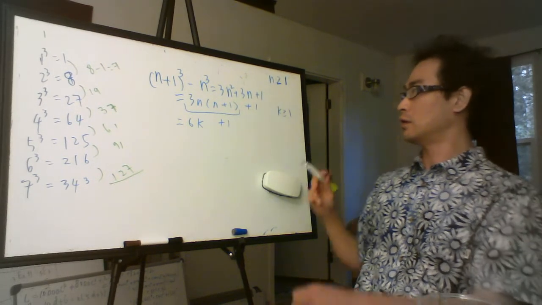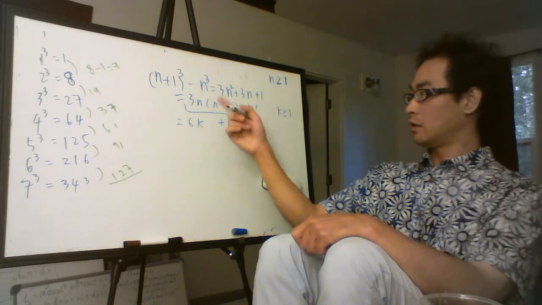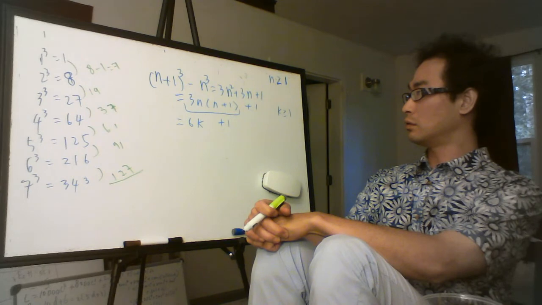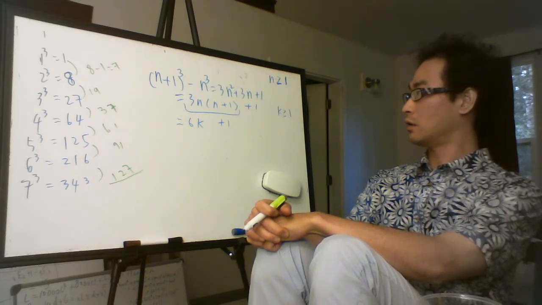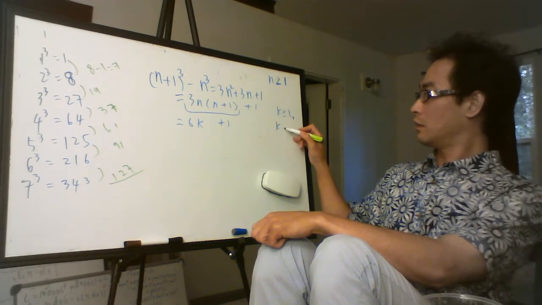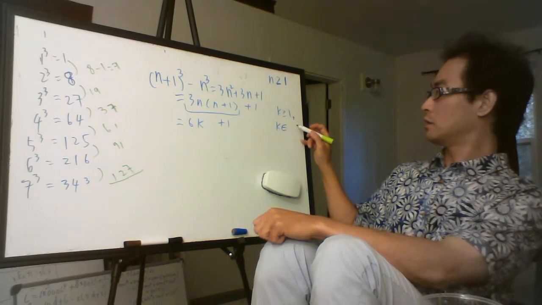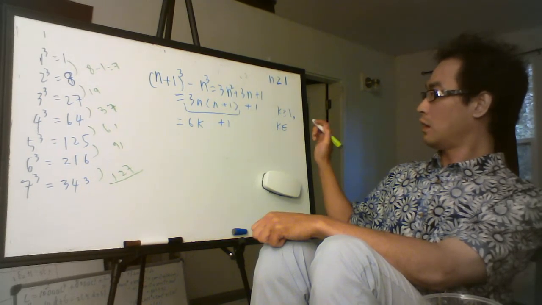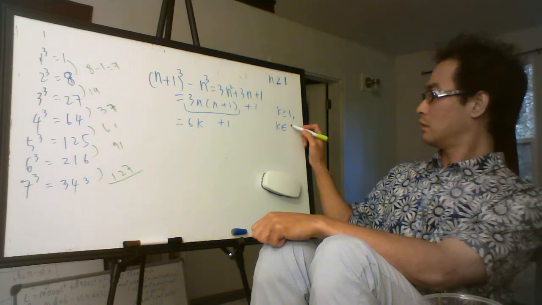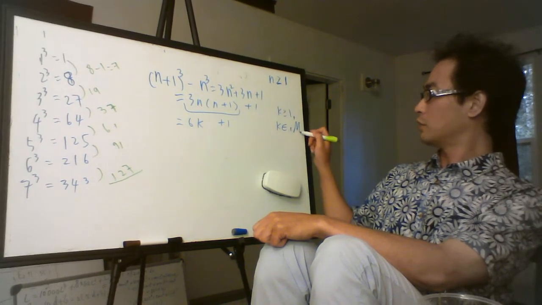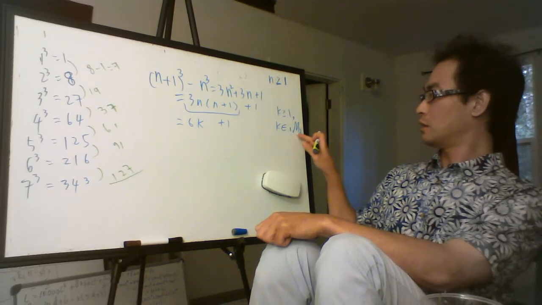One or more, right? When n is 1, k is 1. When n is 2, what is k? K is odd. Okay, so when this is an odd number.